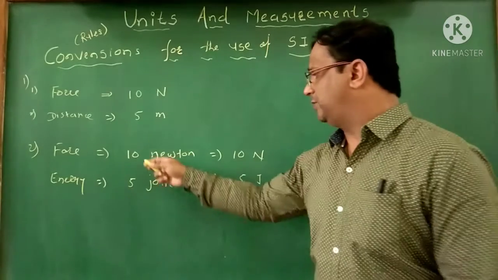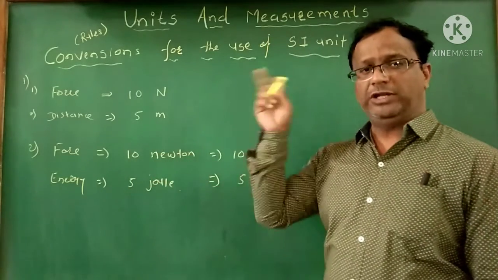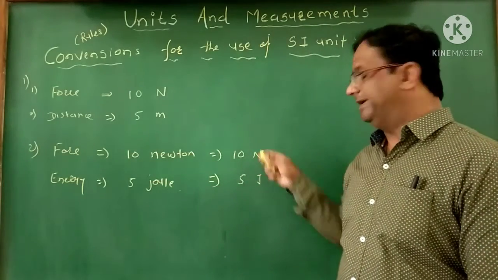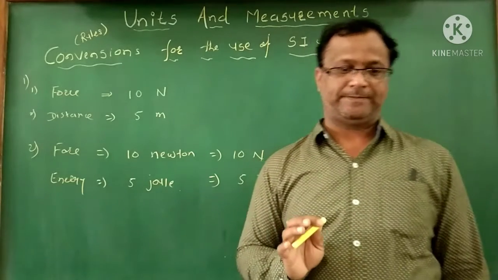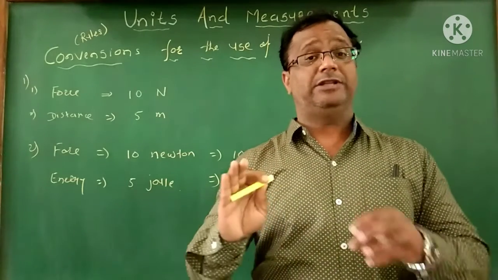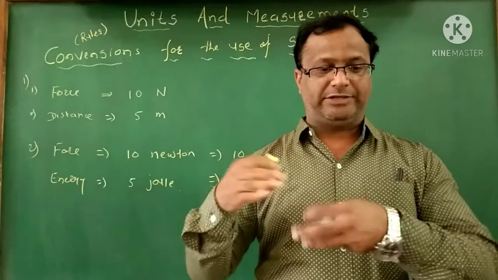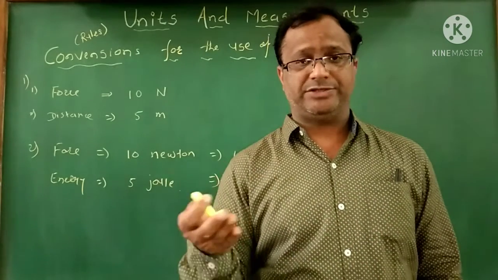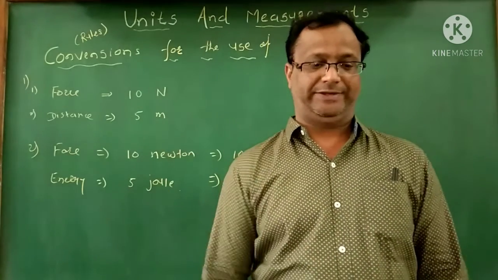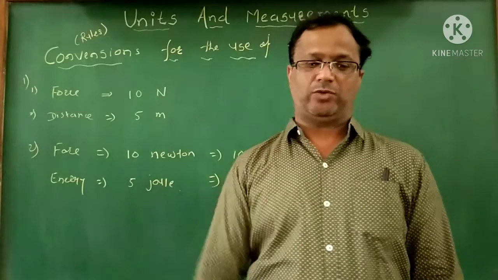In full form, you write in small letters. In symbol only, you write in capital letters, if the name of a scientist is given for that unit. So this will be the second rule.